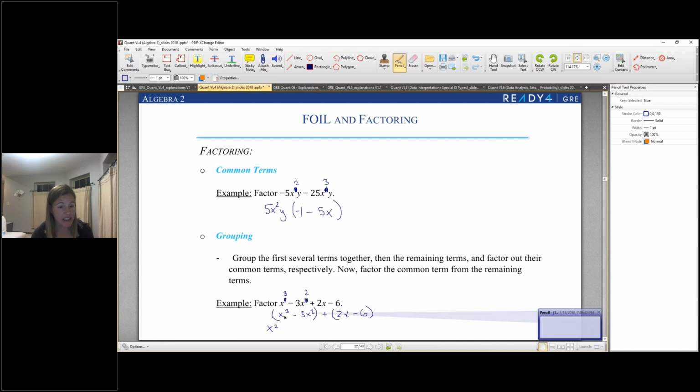But we can't factor out x to the third because that's too big. x to the third won't come out of this one. But we can get an x squared out of both of them. That leaves behind an x minus 3. And then what can we factor out of the second set of parentheses?